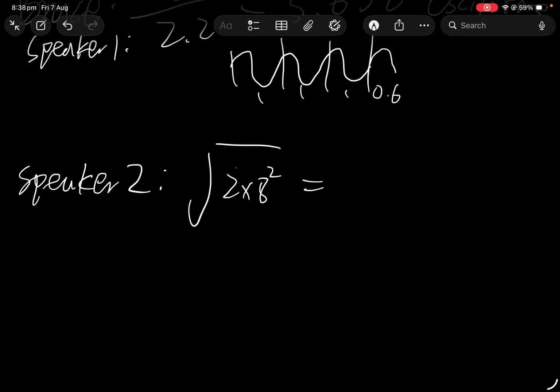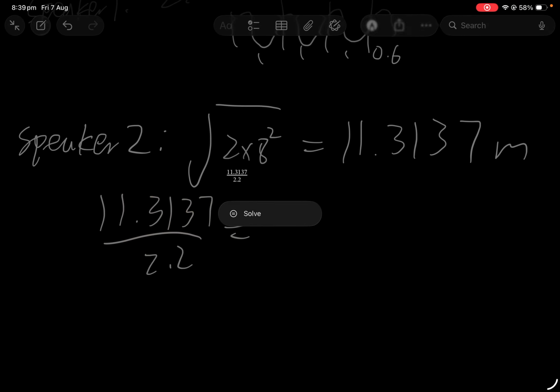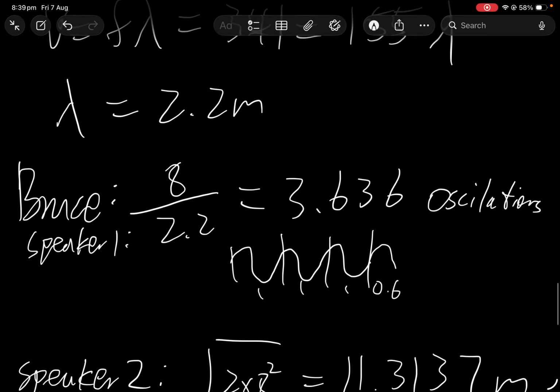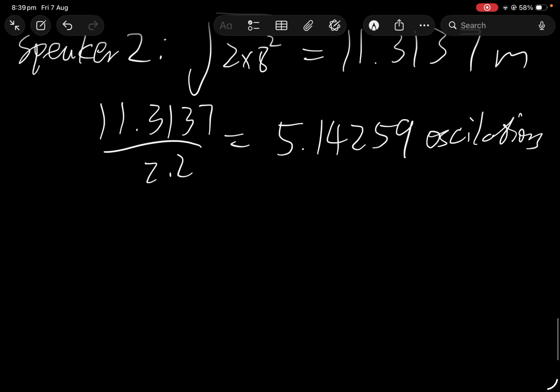That should equal 11.3137 meters. We'll do the same thing, 11.3137 over 2.2, which is the wavelength, and we will find it to be 5.14259 oscillations.